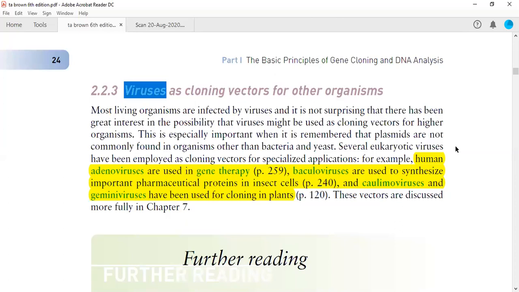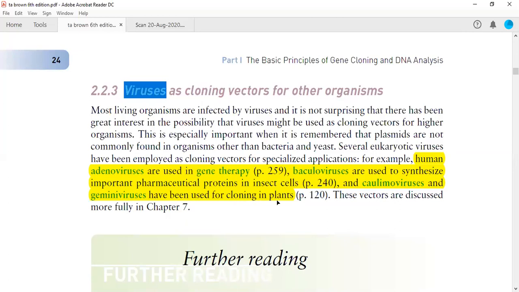For example, in humans, adenovirus is used for gene therapy. Baculoviruses are used for transferring genes in insect cells. Polymovirus and Gemini virus are generally used in cloning in plants.